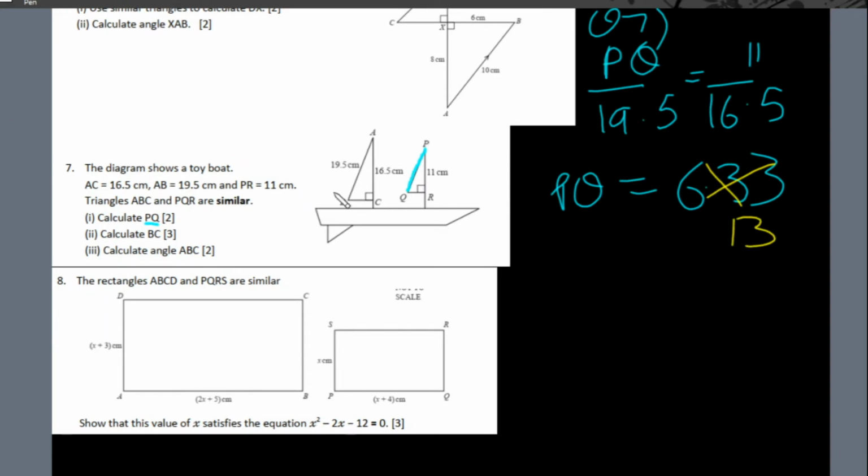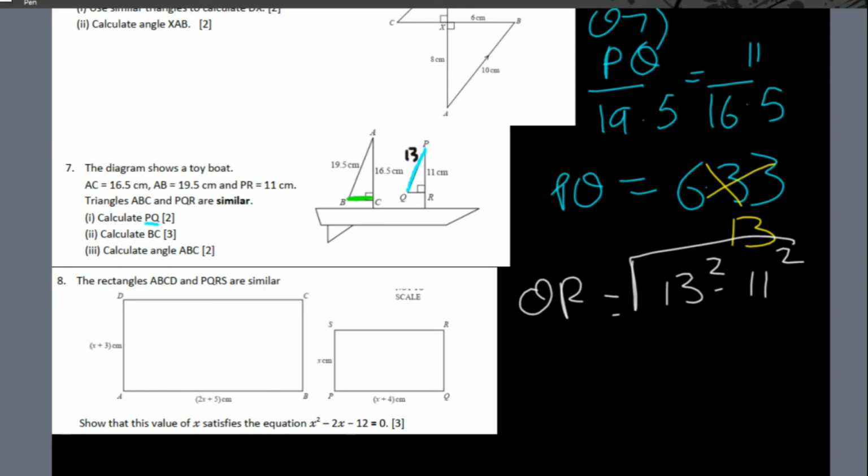Again, to find this length BC, what I can do is, I have PQ, which is 13 now. So I can apply Pythagoras theorem and find QR first. So QR would be, I'm directly applying the Pythagoras theorem, 13 square minus 11 square. C square equals A square plus B square.